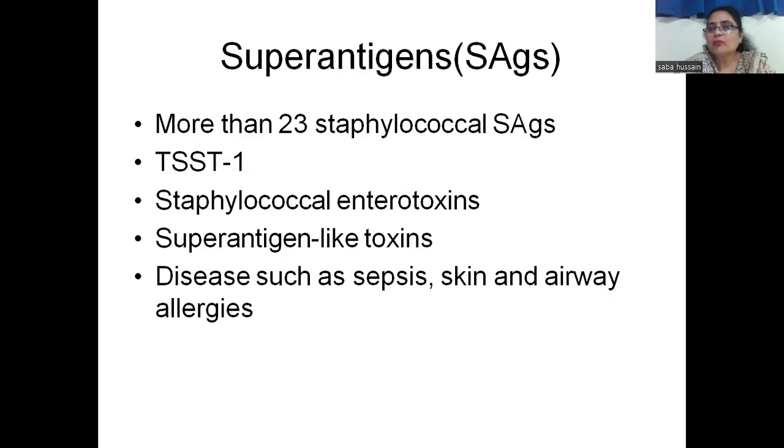Then superantigens. What are superantigens? Please go to my previous videos and see. While 23 Staphylococcus superantigens have been reported, examples are TSST-1, staphylococcal enterotoxins, and superantigen-like toxins, and diseases such as sepsis, skin and airway allergies are caused because of superantigens present in Staphylococcus.